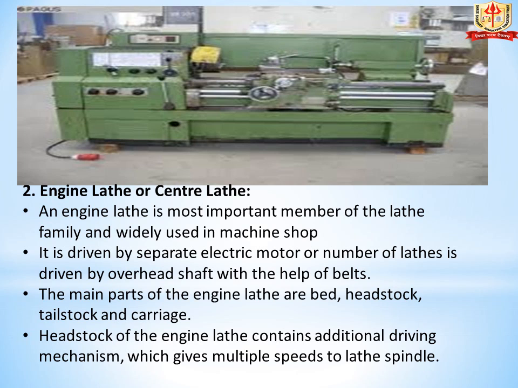Second point, it is driven by a separate electric motor, or a number of lathes are driven by an overhead shaft with the help of belts. Third point, the main parts of the engine lathe are bed, headstock, tailstock and carriage. Fourth point, the headstock of the engine lathe contains an additional driving mechanism which gives multiple speeds to the lathe spindle. This engine lathe we actually use in our workshop.